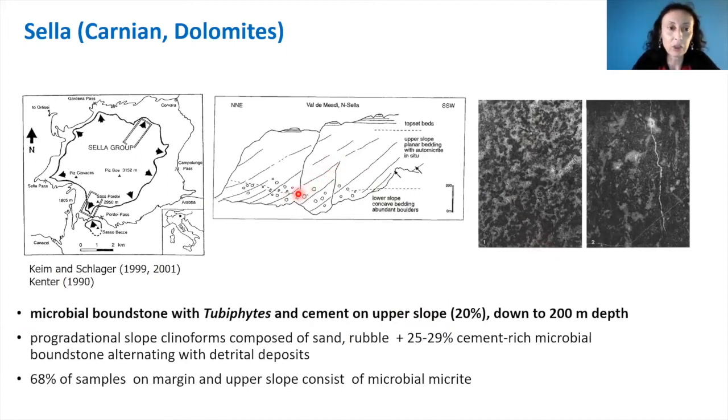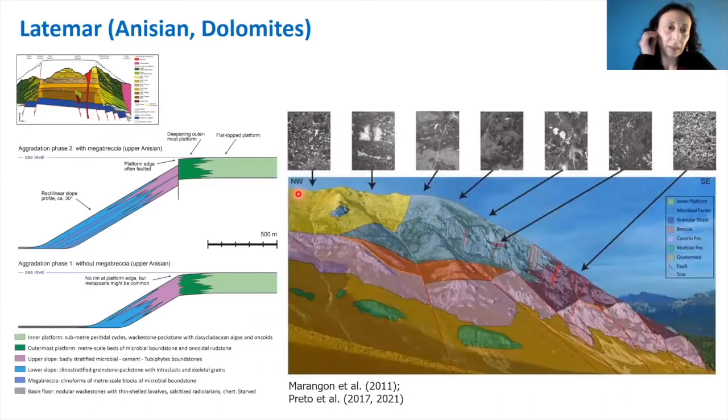grain-supported breccia. A more recent study by Nereo Preto and others from the University of Padova and Piero Gianolla from the University of Ferrara focused on both the Latemar, here represented, and the Sella, showing similarly that the upper portion of the slope is dominated by microbial boundstone associated with sponges and tubiphytes.